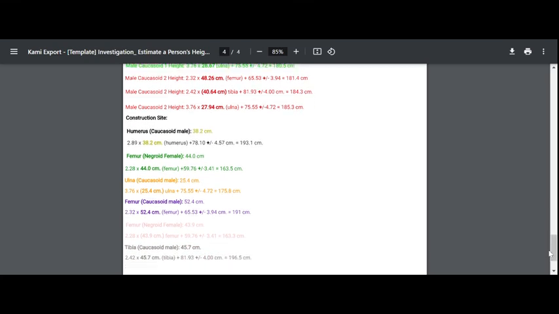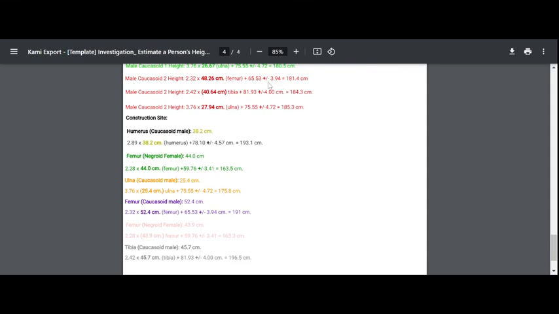Okay, so for the male Caucasoid 2 height, using the femur length, we're using the equation 2.32 times 48.26 centimeters. Remember, 48.26 centimeters is the femur length, plus 65.53 plus or minus 3.94.